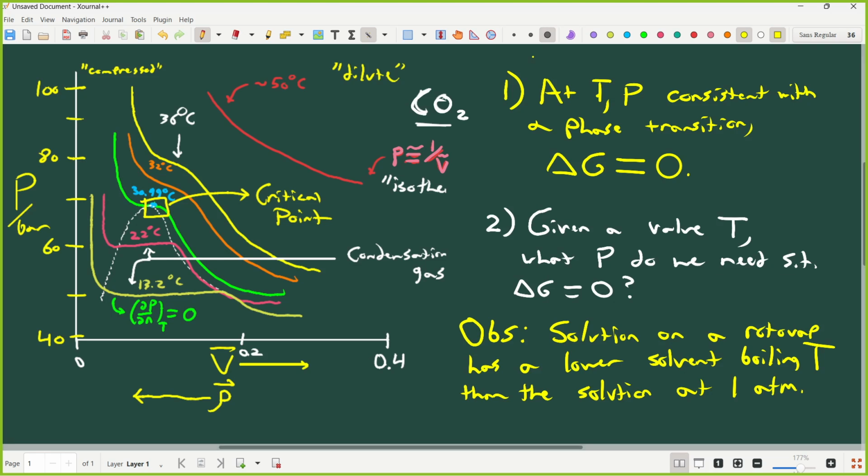So the boiling point is a function of pressure. What's the functional form of that? For a given material, how does the boiling point or the melting point vary as you change the conditions?